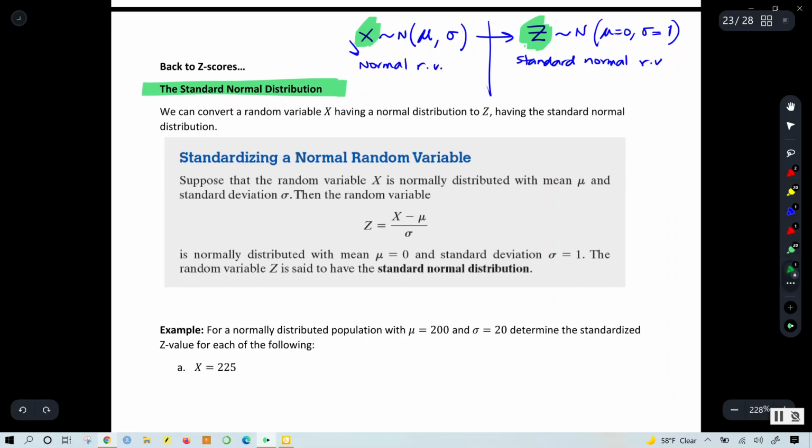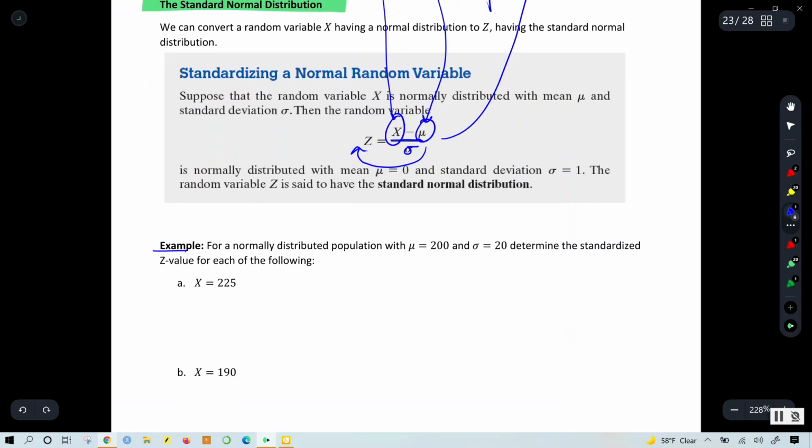If you start out with your x, subtract the mean and divide by the standard deviation, the corresponding values will all be z values. Let's see an example of this conversion. We have a random variable from a normally distributed population x that has a mean of 200 and a standard deviation of 20.